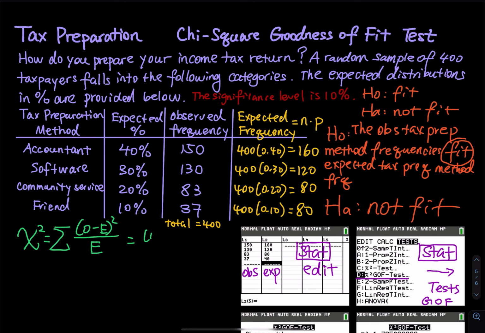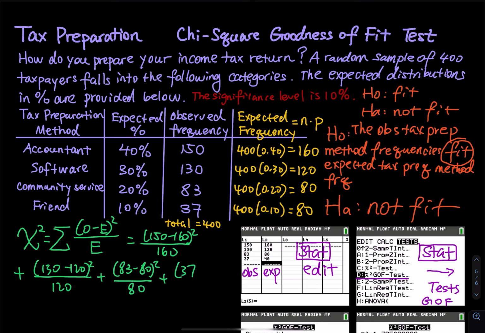That will be 150 minus 160 squared divided by 160, and then you plus 130 minus 120, that will be for software, squared divided by 120, and then you plus 83 minus 80 squared divided by 80, and then plus 37 minus, you might already notice this, 40, right? Here, I copied the problem wrong, minus 40 squared divided by 40. So what is that equal to?